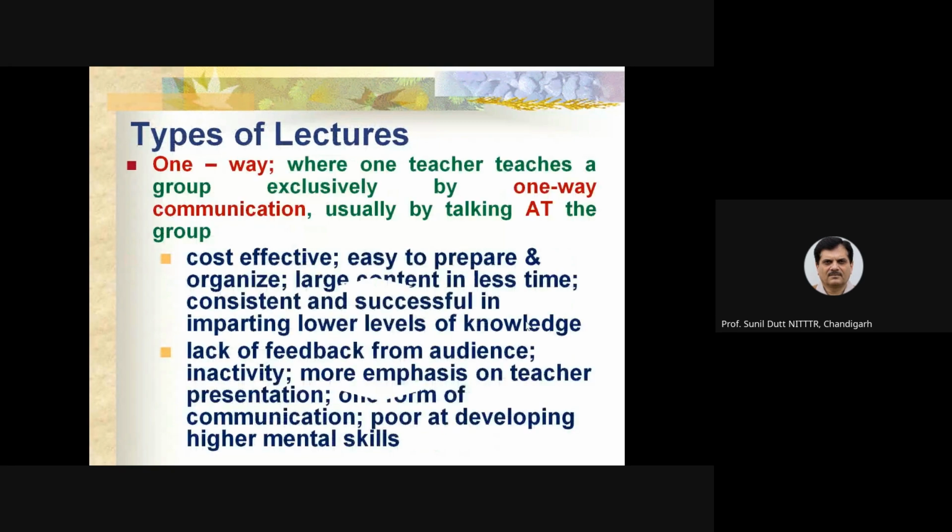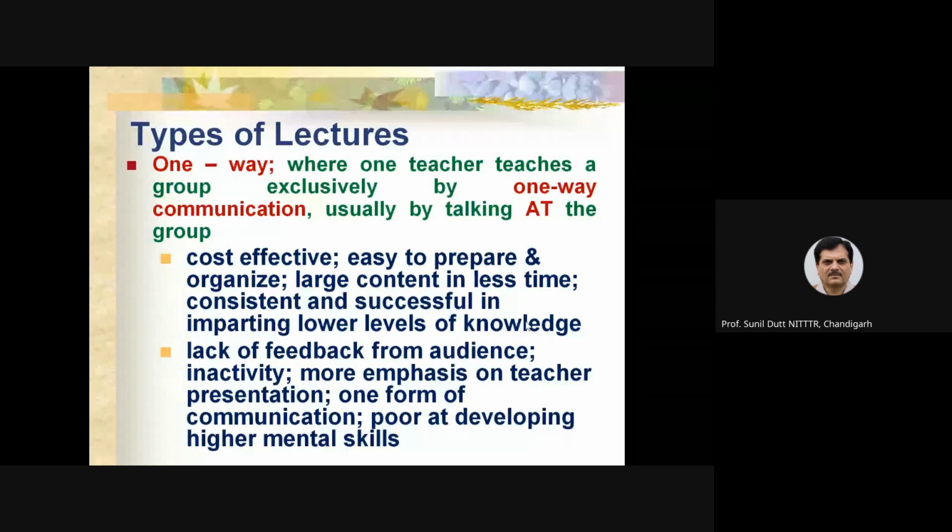There are two types of lecture: one-way lecture and two-way lecture. One-way lecture is a method of imparting instruction where a teacher teaches a group exclusively by one-way communication, usually by talking at the students. He is simply pouring the information, standing in front of the class and pouring the information. This kind of lecture is very cost effective.